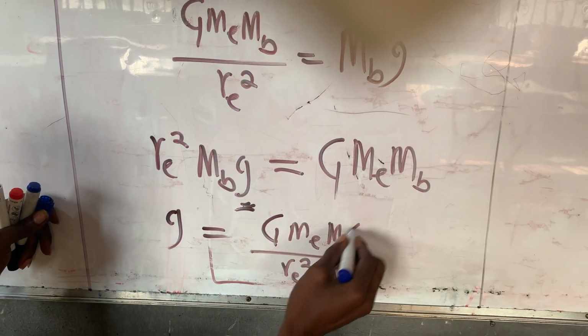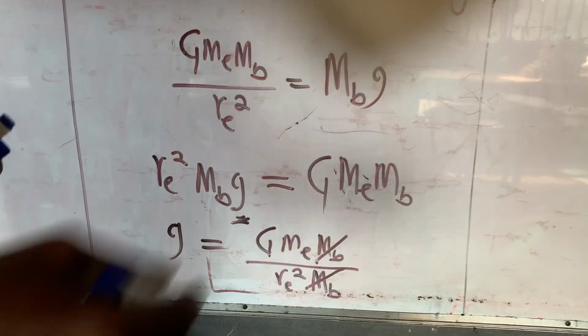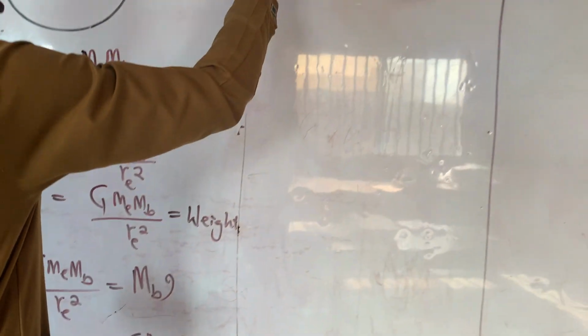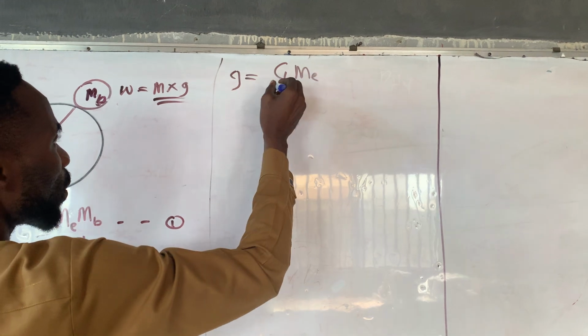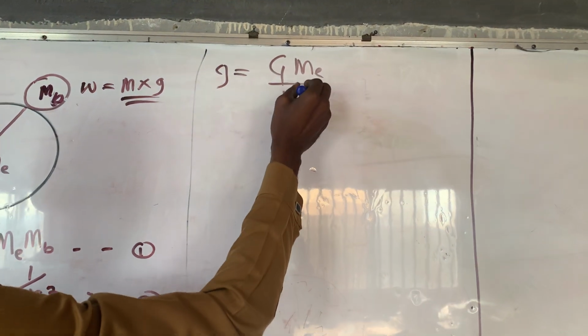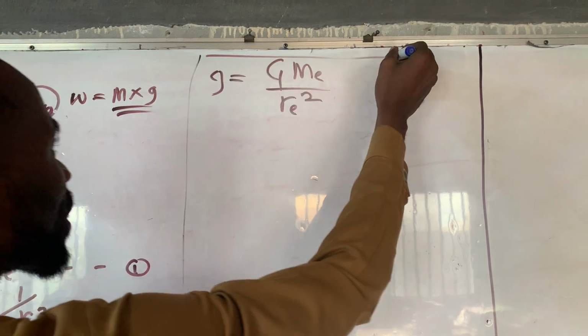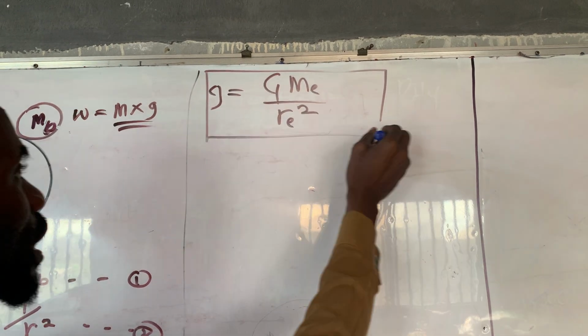The mass of the body will cancel. So we are left with the equation g equals G times mass of the Earth all over radius of the Earth squared.